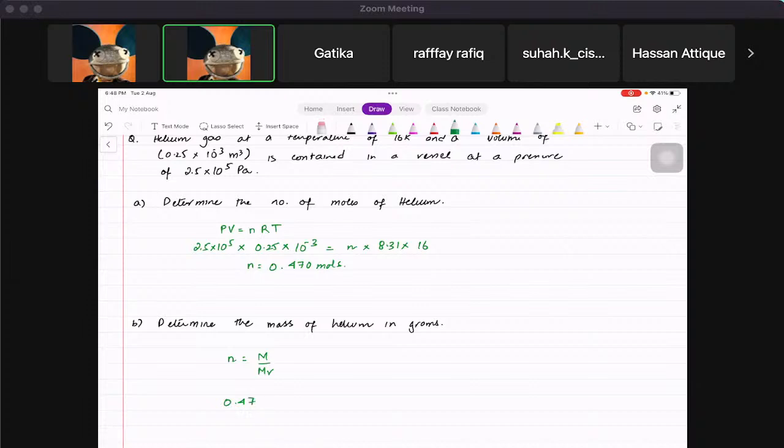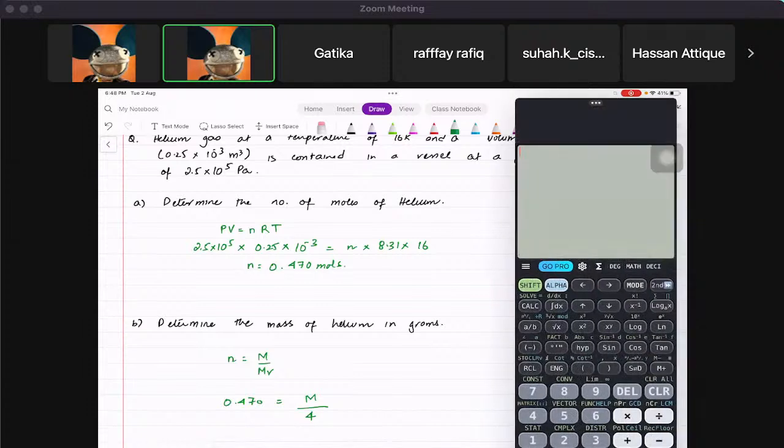And M, this will always be in grams. Helium is 4, by the way. So we're going to multiply this by 4, because my previous calculation is wrong, so I have to do it again. 0.47 times 4, which is basically 1.88 grams. Is it clear, everybody?